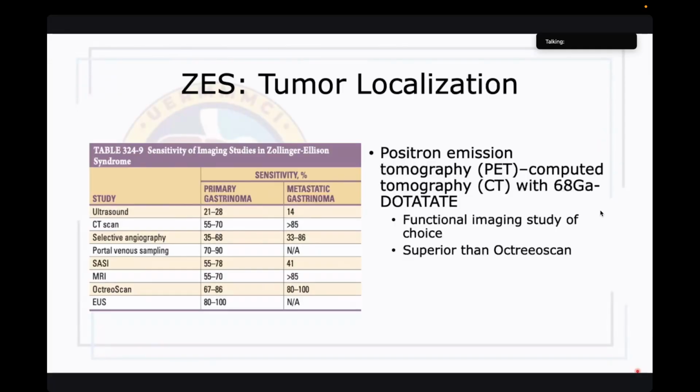Some studies have already shown that it is superior to octreoscan for localizing gastrinomas and detecting metastases in ZES. And for primary gastrinoma, you will notice that the EUS has the highest sensitivity. And this is probably because the most common site is the pancreas, and when endoscopic ultrasound is done, it is really in close proximity to the pancreas, so the sensitivity is really very good.